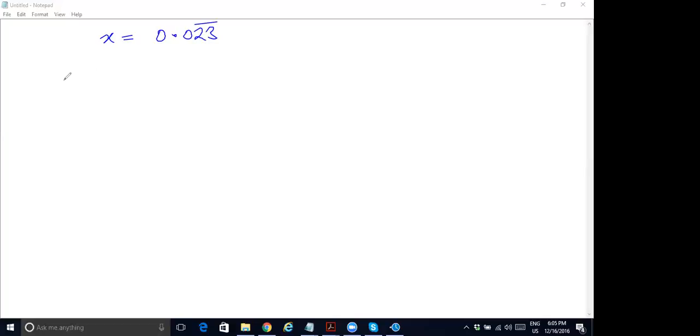The question comes that this is a recurring decimal. Convert this into a fraction. How can we do this?